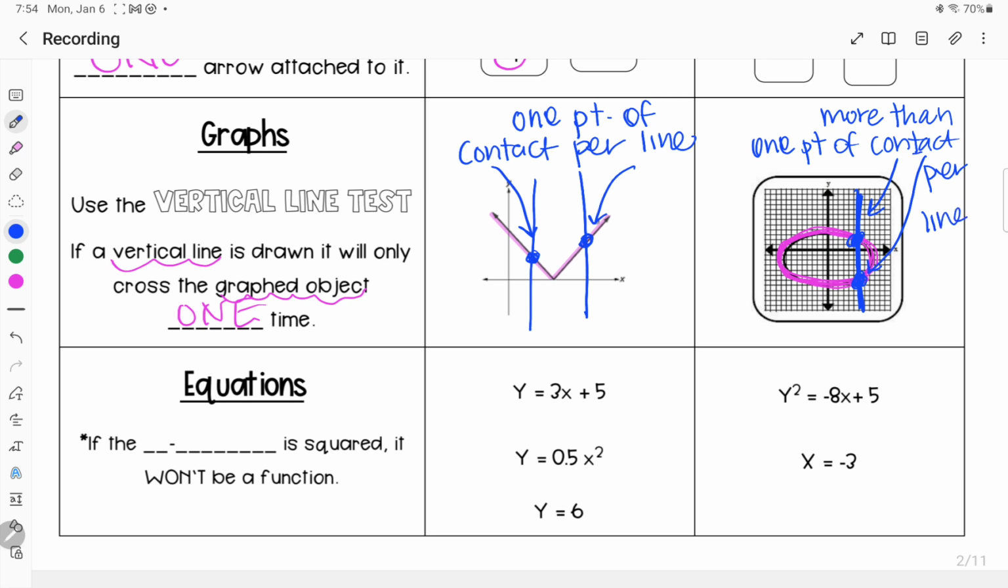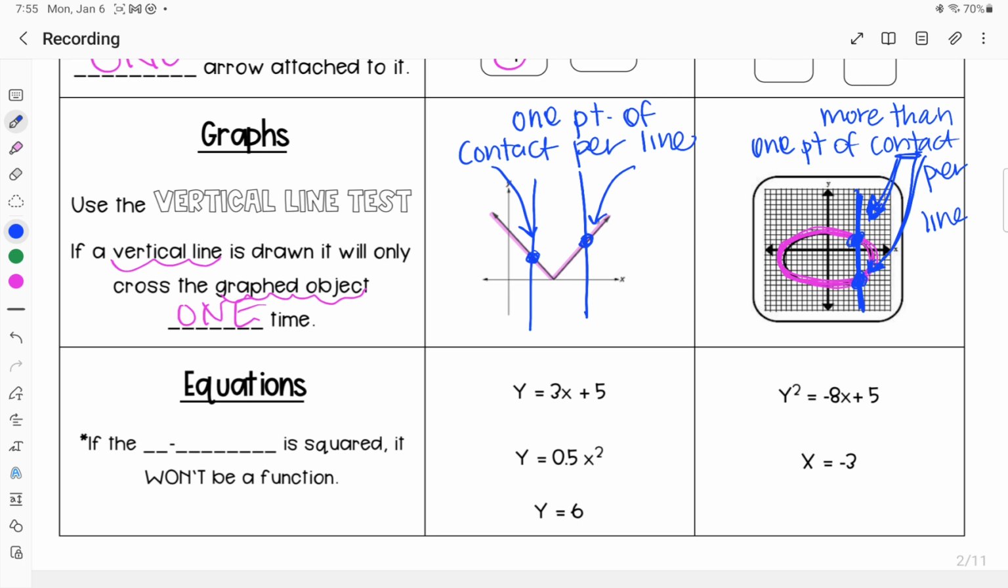Like this one has 2 points of contact. It contacted the pink here, and that same line had it here. That means that this x value, whatever this x value is on the line here, had a positive outcome and a negative outcome. We should only have one outcome for each x value. X values can't have two different outcomes.